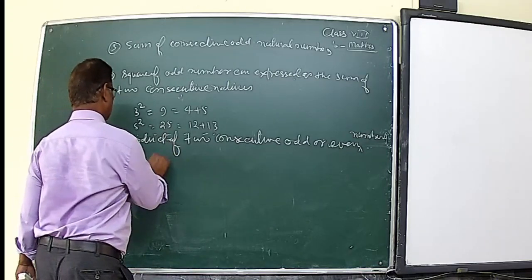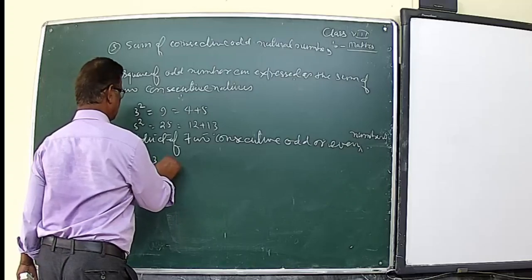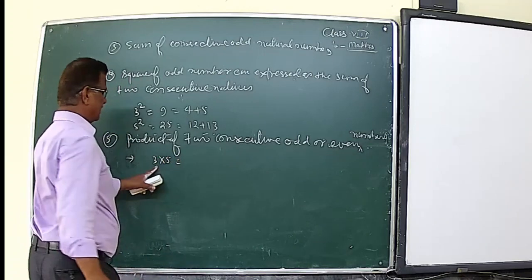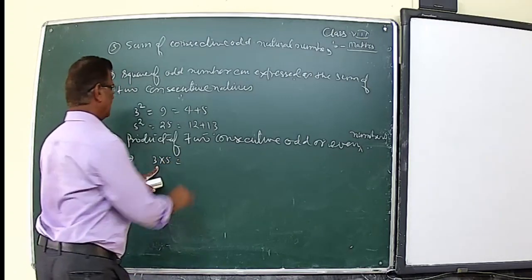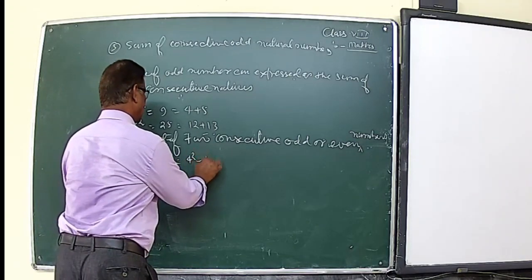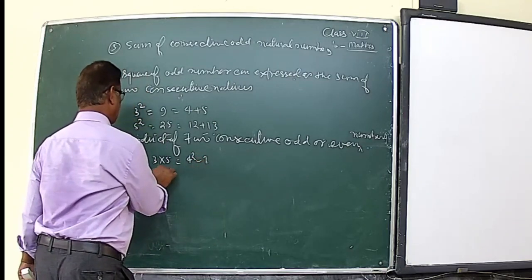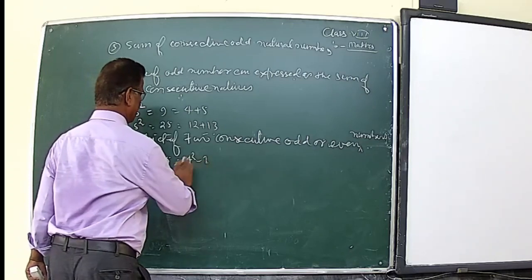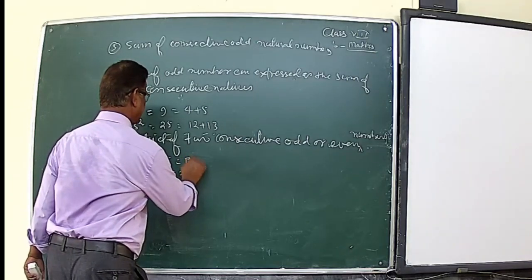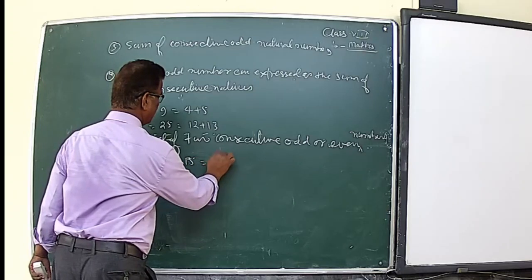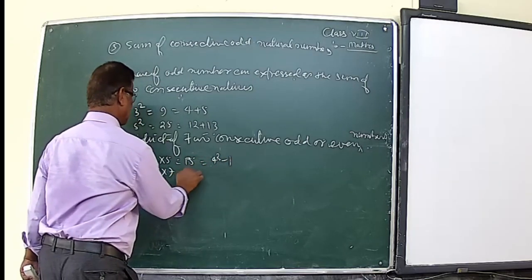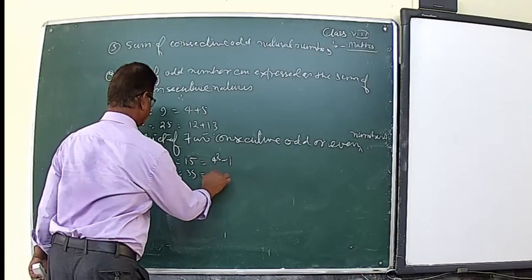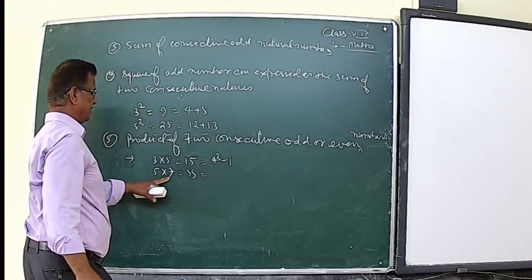See here, 3 into 5: the number lying between 3 and 5 is 4, so it is 4 squared minus 1, that is 15. 5 and 7 coming, 35 right here. 35 is 6 squared minus 1, where 6 is the number lying between 5 and 7.